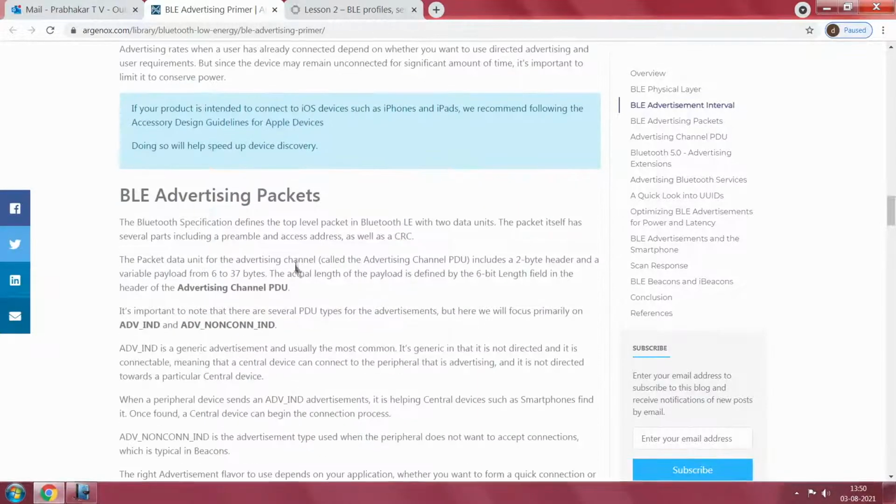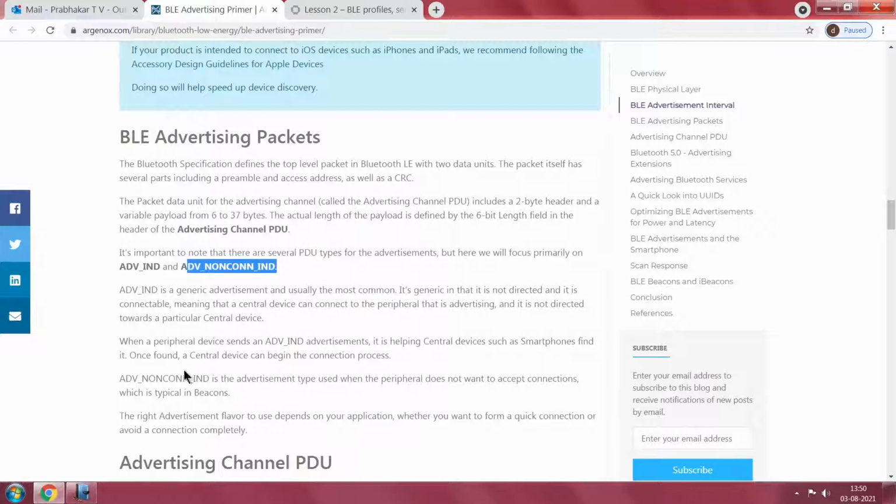Then he talks about BLE advertising packets. Basically he talks about two types of packets. One is ADV_IND and the other is ADV_NONCONN_IND. Now this name looks very familiar. NONCONN_IND simply stands for an advertisement type that does not want to accept connections.